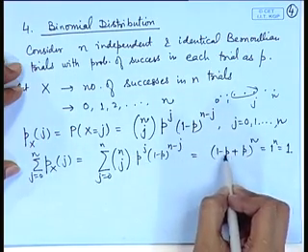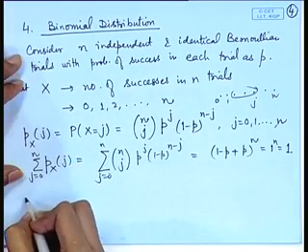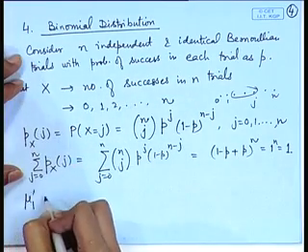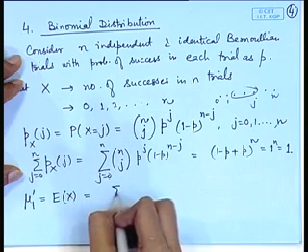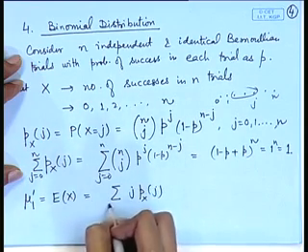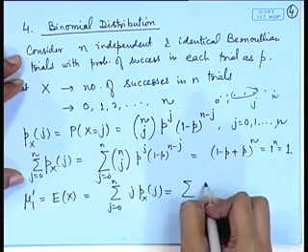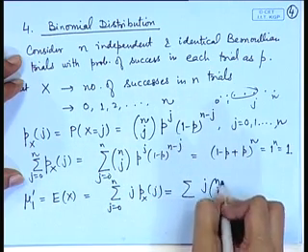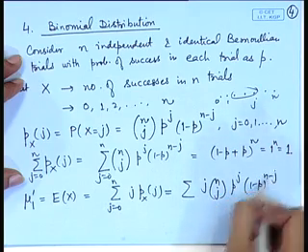Now, this fact can be used for evaluation of the moments. For example, if we are calculating mu 1 prime, that is expectation of X, this is equal to sigma over j of j p_X(j), j is equal to 0 to n, that is equal to sigma j times n C j p^j (1 - p)^(n - j).